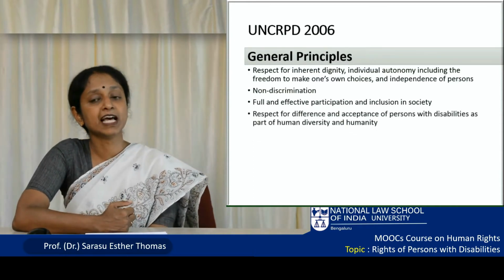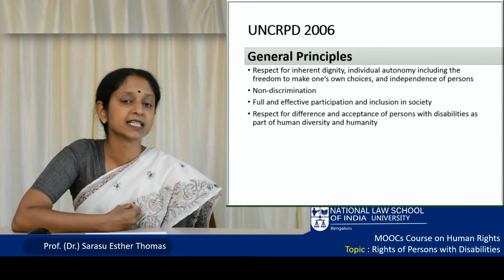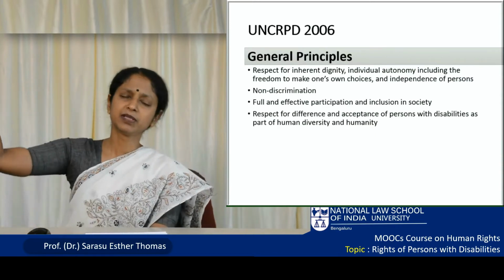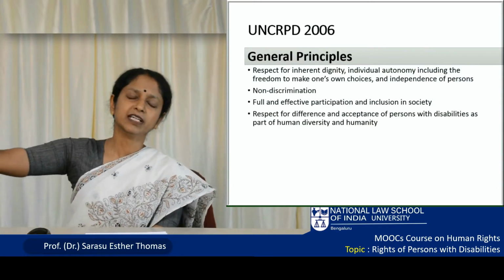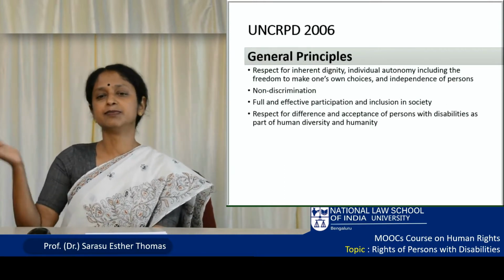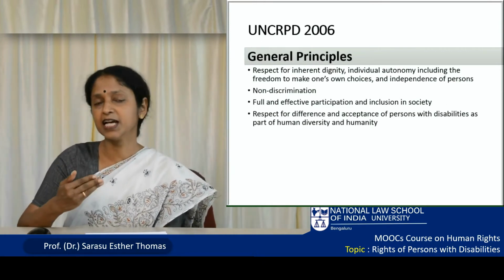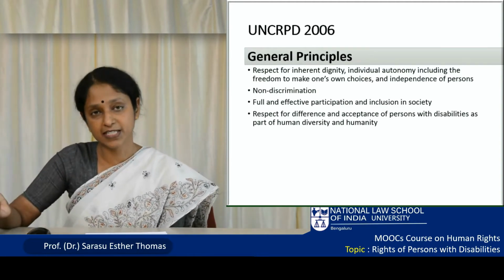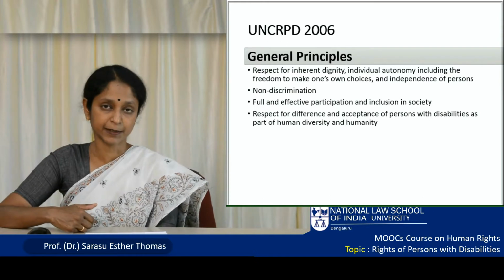Respect for difference and acceptance of persons with disabilities as a part of human diversity and humanity. So moving from the old medical model or the earlier charity model, where persons with disabilities are seen as burdens on the society, they are seen as full human beings, adding to the diversity of humankind.